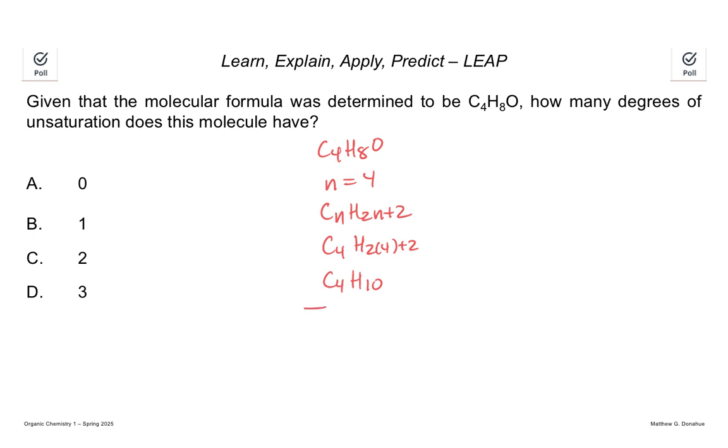So the maximum number of hydrogens would be 10. We have C4H8O. We remember that oxygen will not change the hydrogen count. So we're left with H2. The degree of unsaturation was H2, so that's going to get us 1 degree of unsaturation.